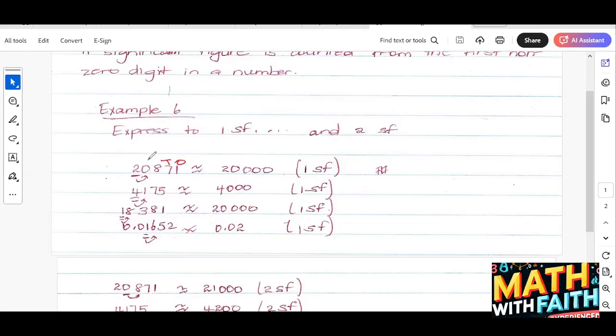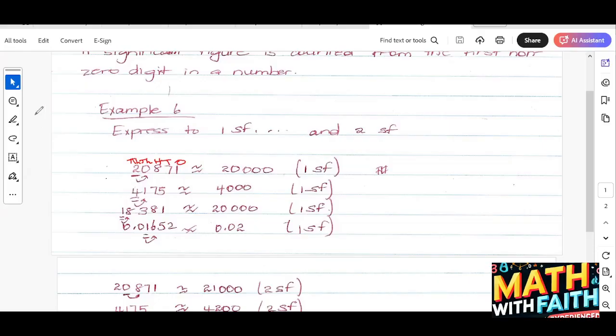So ones, tens, hundreds, thousands, tens of thousands. In order for this to remain in the tens of thousands column, we put the 2 and we fill the remaining columns with zeros. So it is approximately 20,000, not approximately 2. We have to remember that, right? I see that happening a lot of the times. So this is approximately 20,000 because the 2 must remain in the tens of thousands column and we fill the remaining columns with zeros. Right?